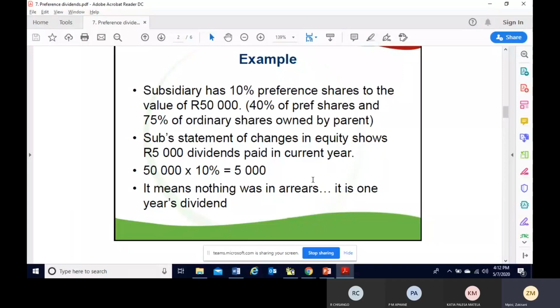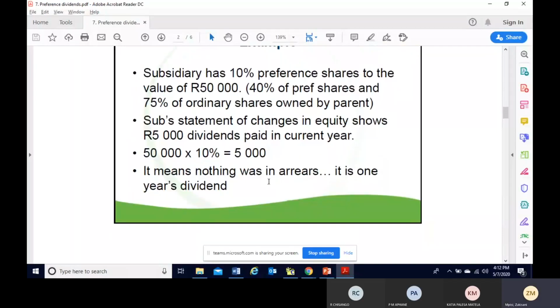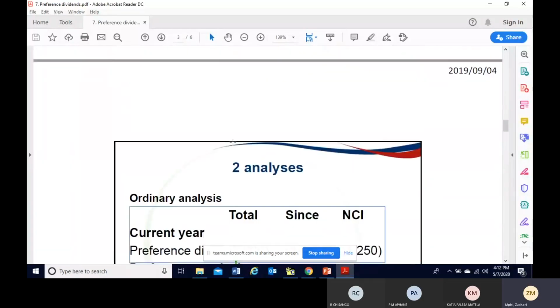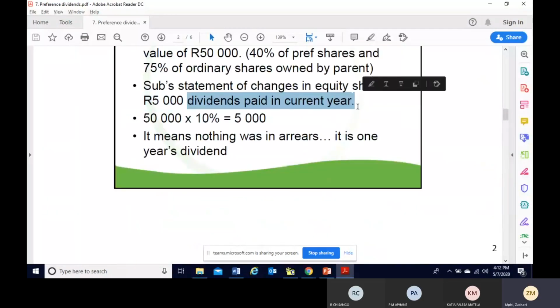So you have different shareholding, and this you'll pick up when we are working on analysis of equity. So the statement of changes in equity of a subsidiary will show 5,000 dividends paid in the current year, 5,000 being 50% times 10%. It means nothing was in arrears. It is 1 year's dividend. So we're speaking about dividends that are paid in the current year.